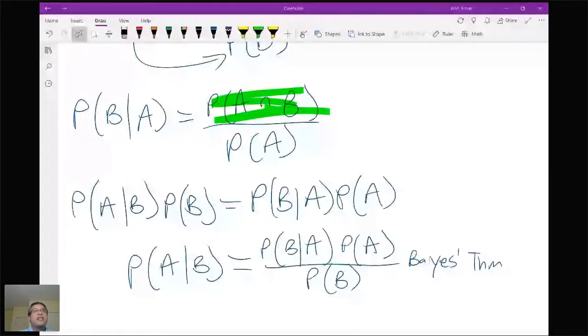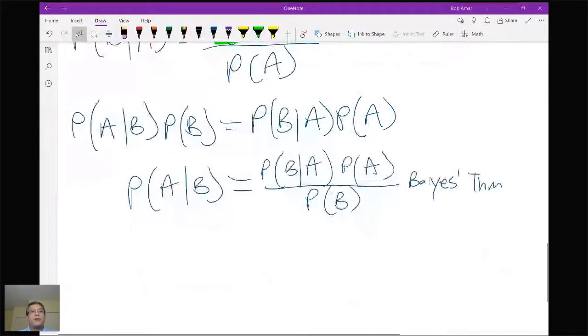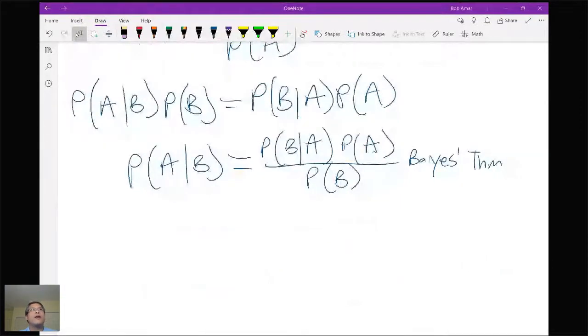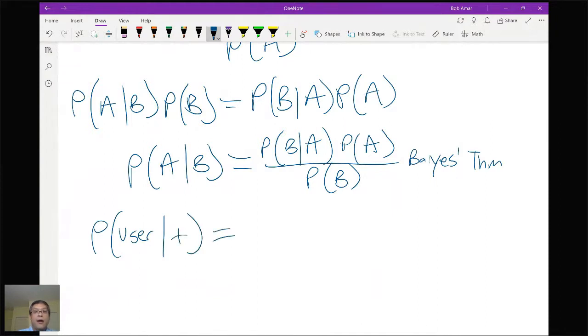So for example, here's the simplest way we can talk about it. I would like to know what the probability is, if you have a drug test, for example, that someone is a drug user given that their test is positive, right?